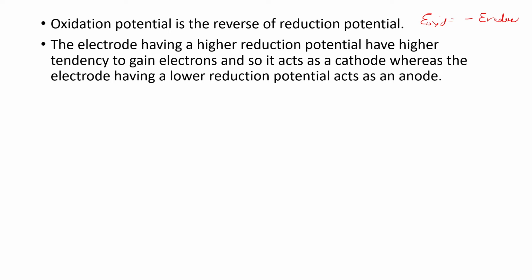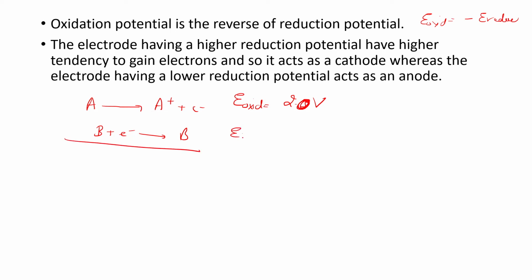So what does this mean? Let's say you have a chemical reaction A getting oxidized to A+ plus an electron. E oxidation for this reaction is, let's say, 2 volt, just for the simplicity of calculation. B, which is undergoing reduction, has E reduction of 4 volt.